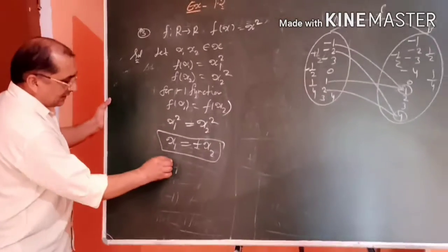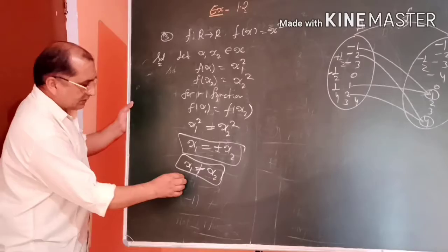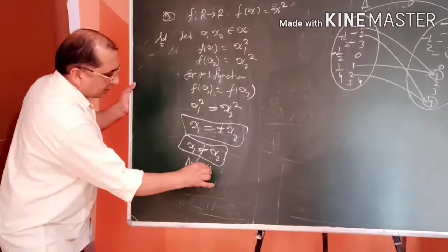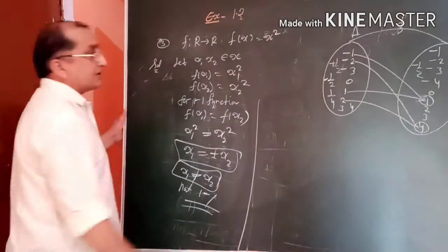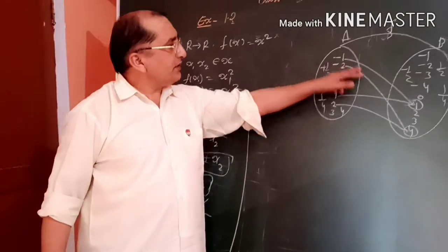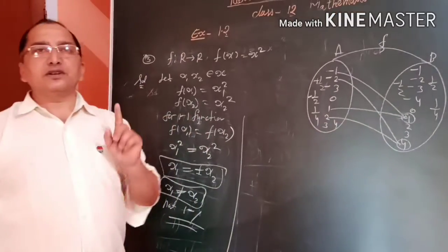We don't have that here, we have x1 not equal to x2. So this is not a one-one function, because by the definition, minus 1 as well as plus 1 have the same image. So this is not a one-one function.